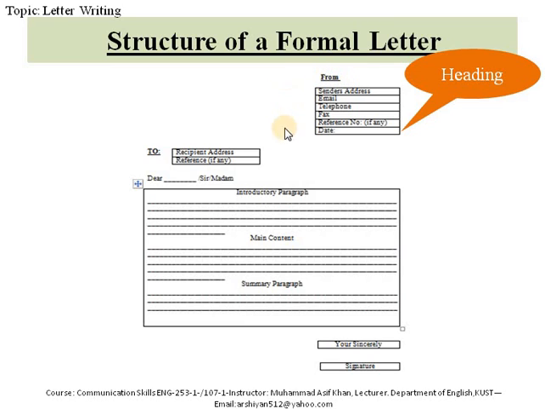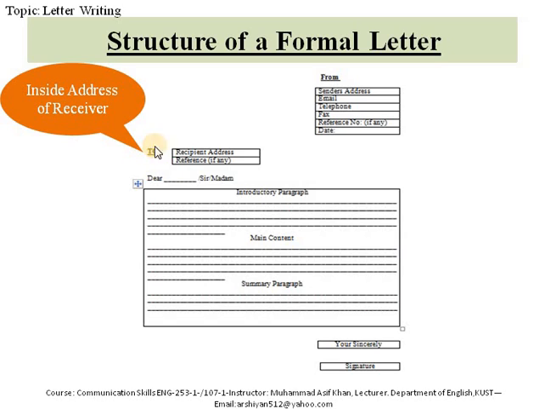Then comes the second part of a letter, and that is the address of the receiver. The first line in the address of the recipient should include the recipient's name and title, and the second line should state the recipient's company or business or the position or that address where he is serving, and the third and fourth lines are designated for the actual address.